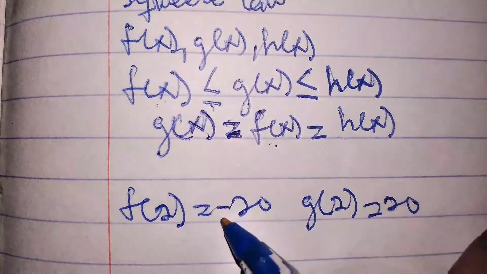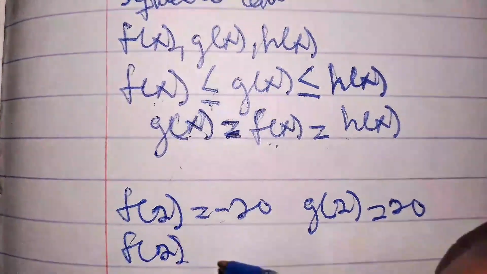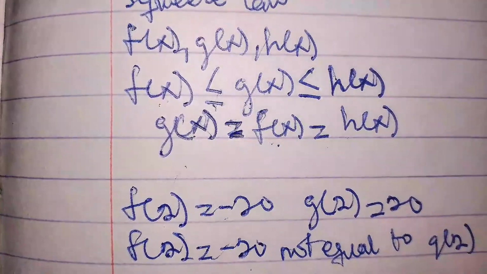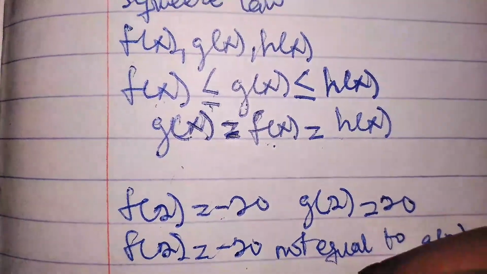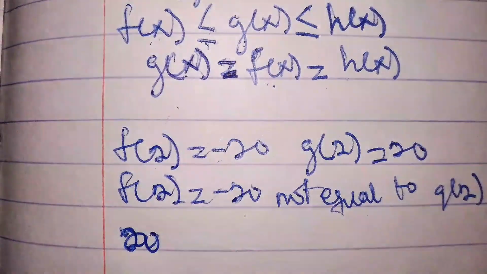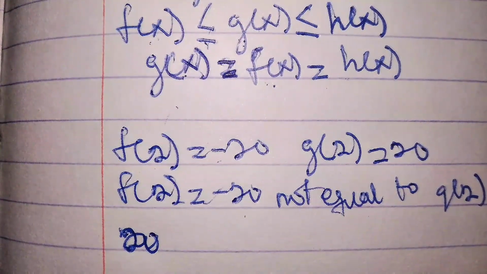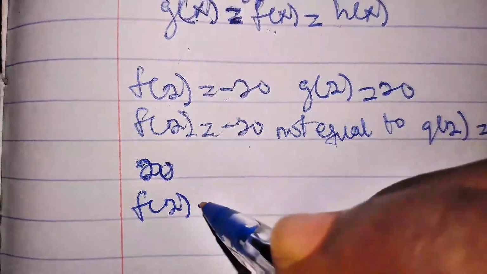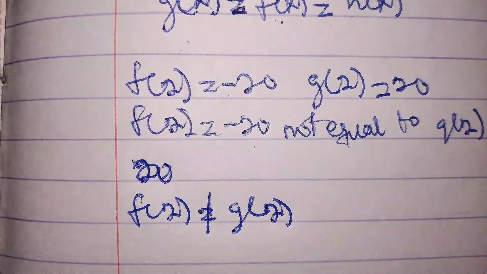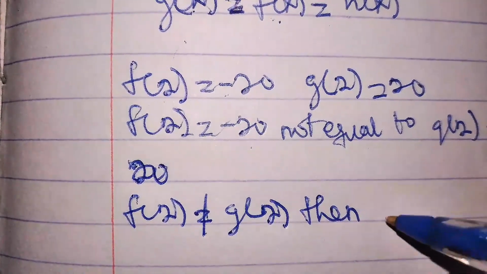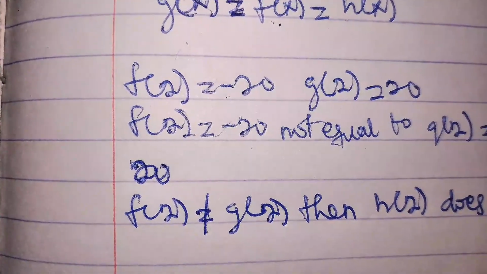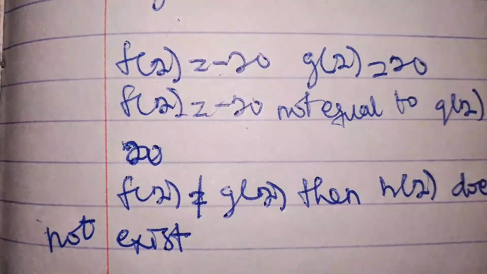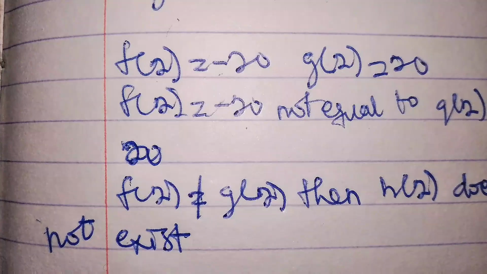We can see that f of 2, which is negative 20, is not equal to g of 2, which is 20. So according to the squeeze law, since f of 2 is not equal to g of 2, our function h of 2 does not exist.